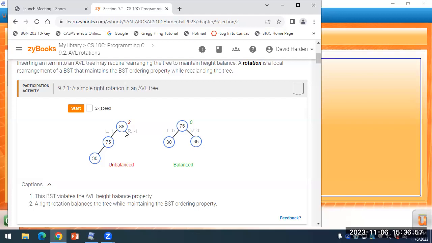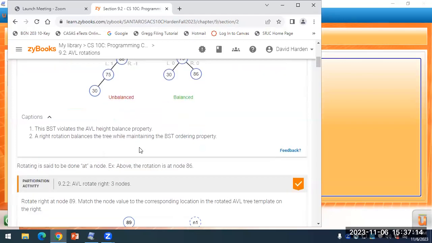And 86 no longer has any children. Right? What's going to be interesting is when 86 does have children. We'll get there.